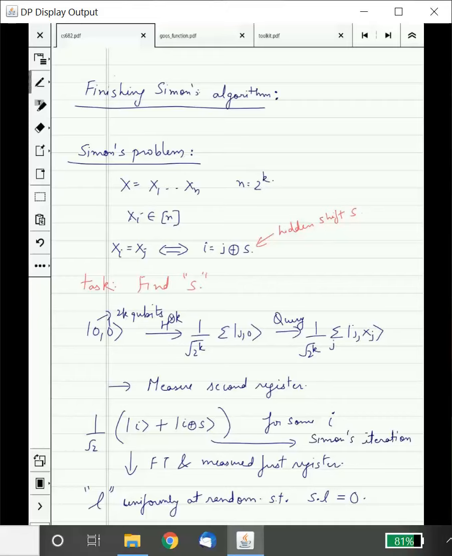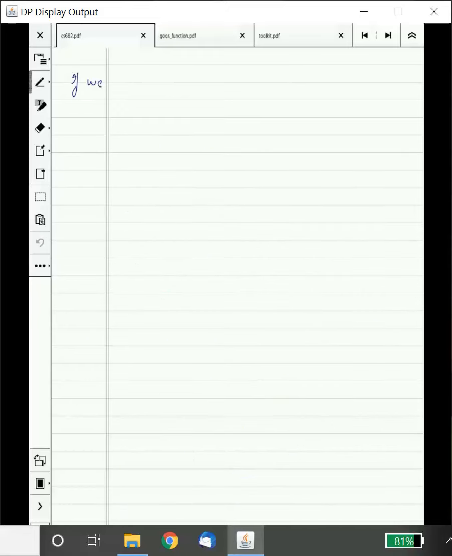Our objective was that if we repeat Simon's iteration order of log n many times, log n might not suffice, then we get k minus 1 linearly independent L's with high probability.